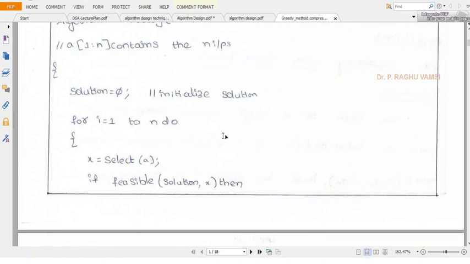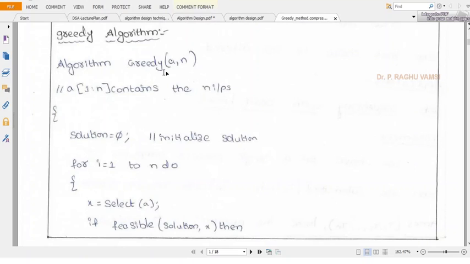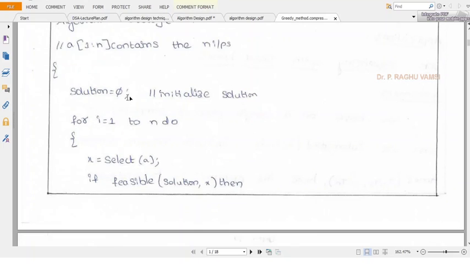So greedy algorithms are like this. Algorithm Greedy of array A, n. A of 1 to n contains the inputs, that is, these are the inputs you have been given. Initially the solution is empty, nothing is there; initialize the solution.